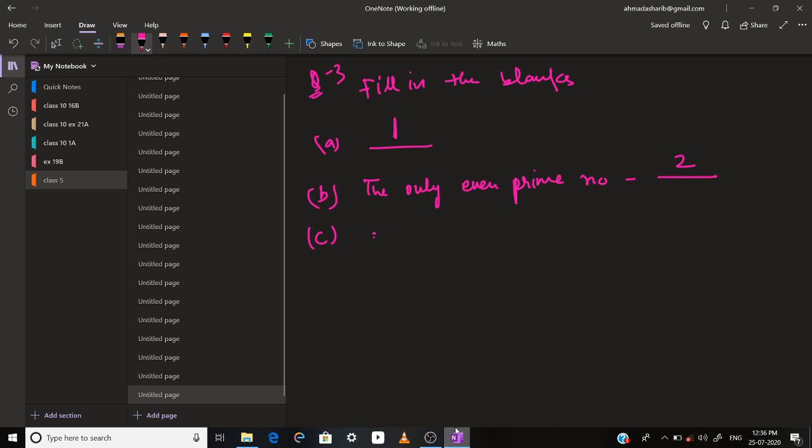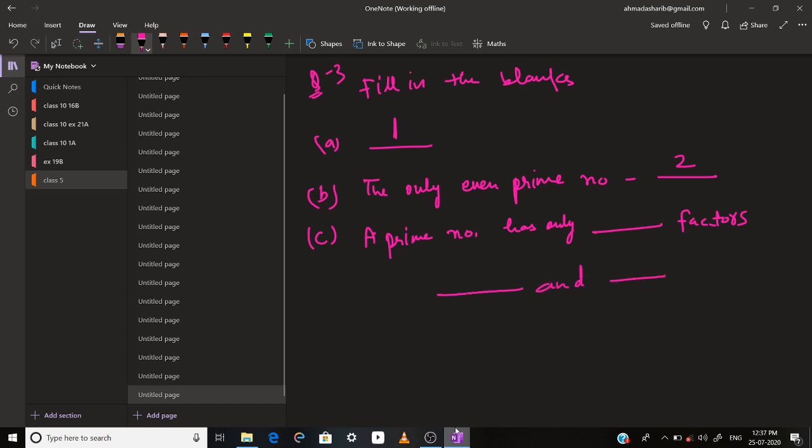Part C says a prime number has only dash factors, dash and dash.